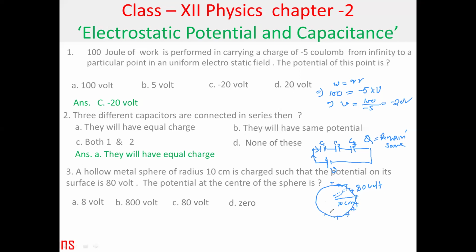So the potential here always remains same inside the whole hollow space. Inside the whole empty space, there is no charge, and the potential would be 80.